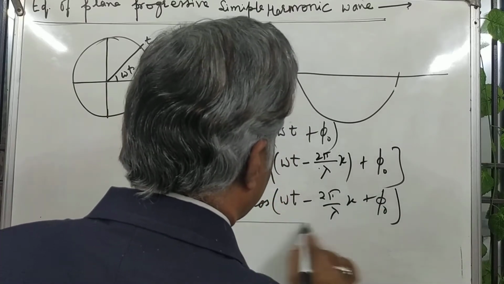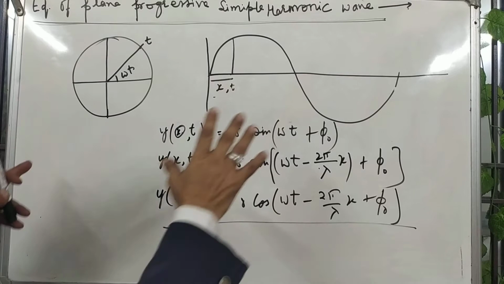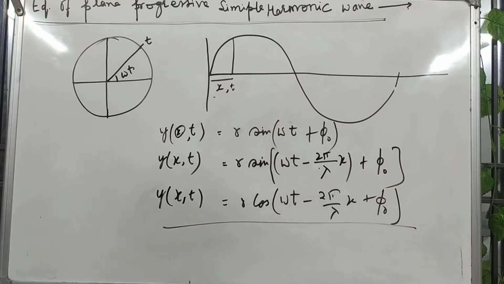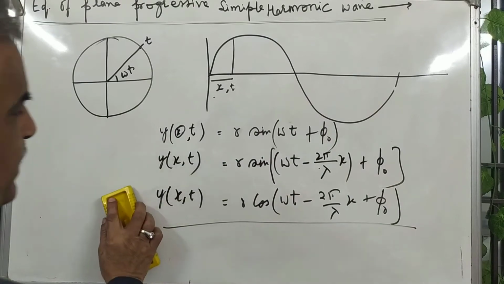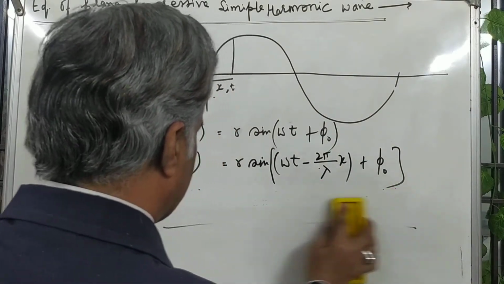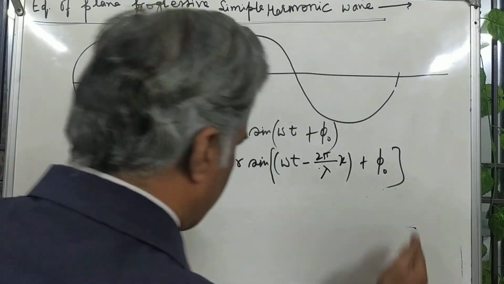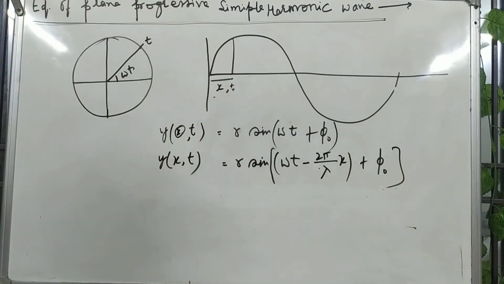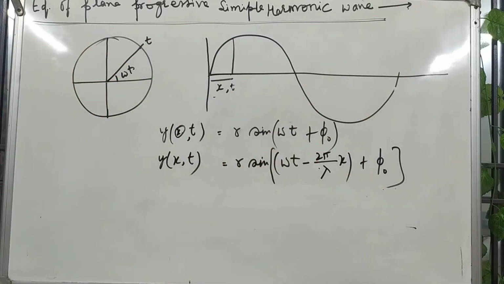You may represent it in cos function also, as you wish. At present I am removing the cos function and taking only the sine function, and proceeding with this. If there is any doubt in this, please clear it.